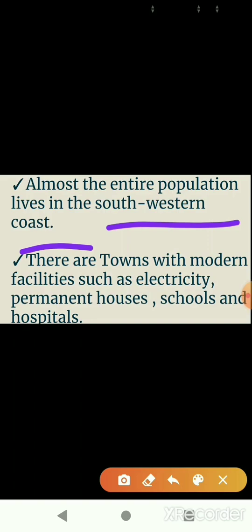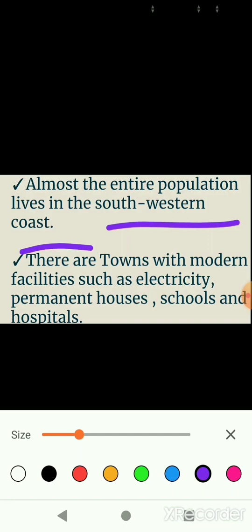Most of the population lives in this region, and there are towns with modern facilities such as electricity, permanent houses, schools and hospitals. So they have all the modern facilities required for survival.